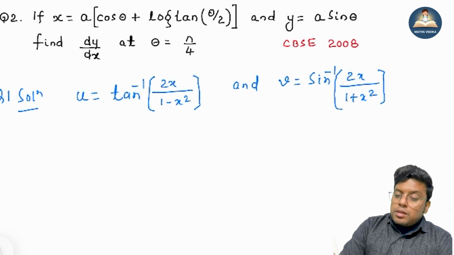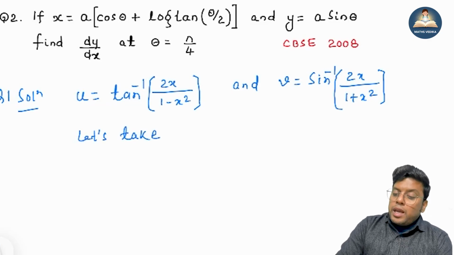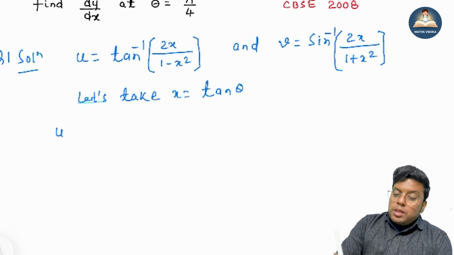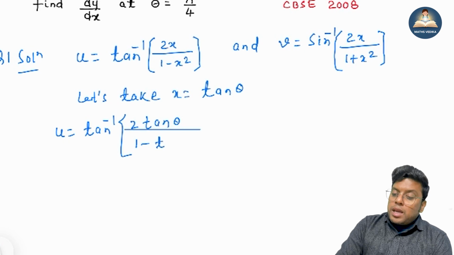Okay, so let's take x is equal to tan theta. Okay, so u is equal to tan inverse 2 tan theta divided by 1 minus tan square theta.